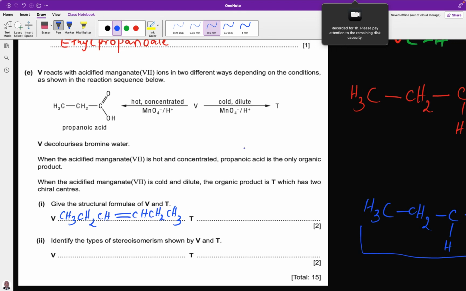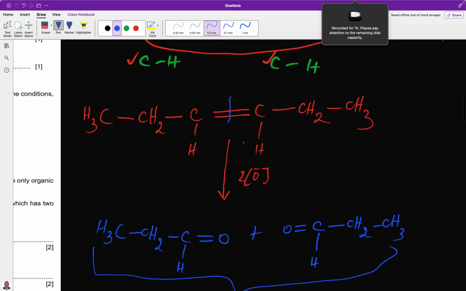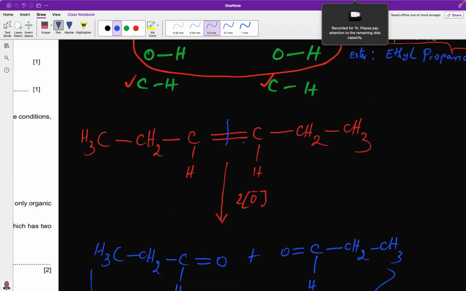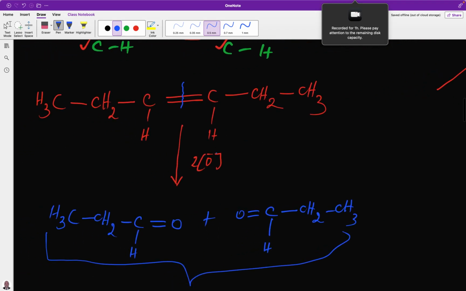Then T, under cold dilute. Remember that under cold dilute, if you can go back to our previous video on this, a diol is formed. Under cold dilute, a diol is formed. So we are saying that under this condition, a diol is formed. See what will be formed here.